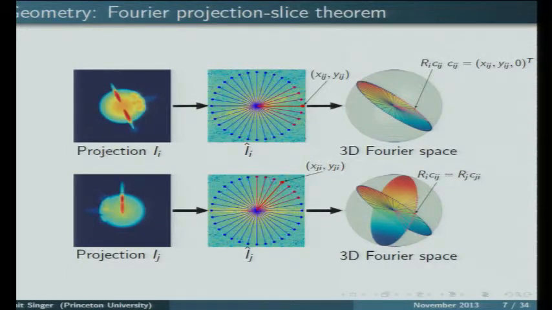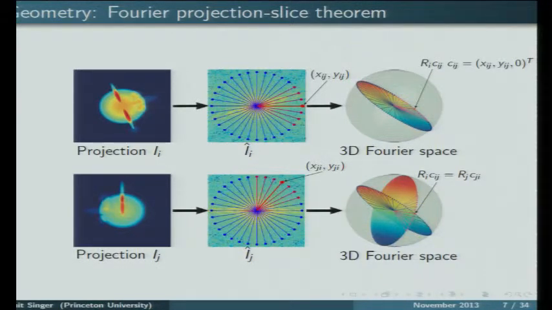On the other end, you can look at the 3D molecule and consider its 3D Fourier transform. What the slice theorem says is that the values of the 2D Fourier transform are nothing but the restriction of the 3D Fourier transform to a central plane, a plane that goes through the origin and is perpendicular exactly to the viewing direction. That's how CT works in medical imaging.